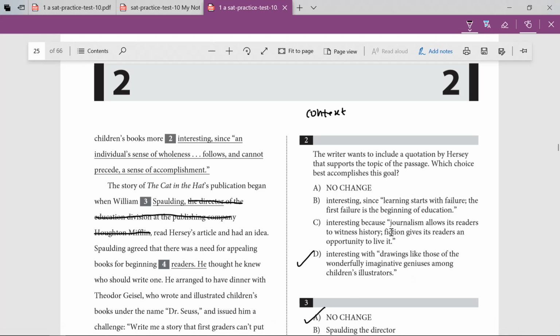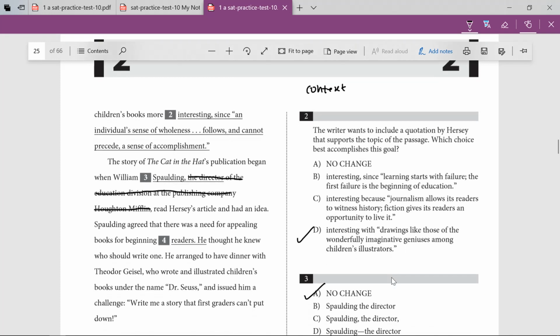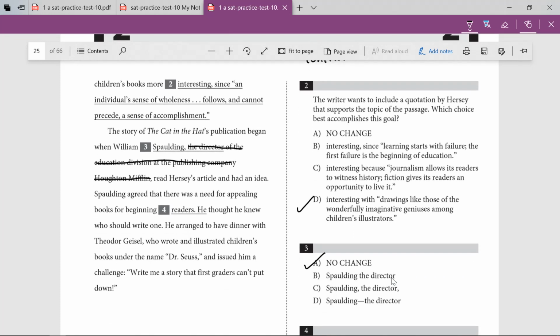So this was not about the grammar, it was about context. The context tells us that they wanted to make children's books interesting. So by making drawings, we made it interesting. I mean, including drawings.